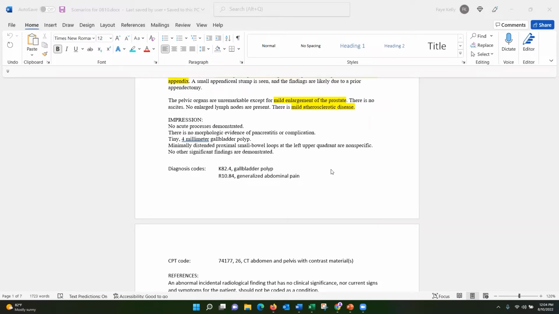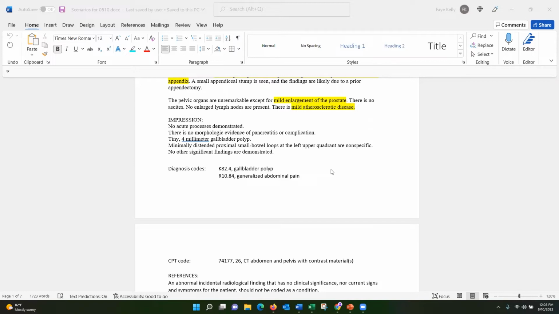So we had a patient that came in with generalized abdominal pain and pancreatitis, which is not confirmed in the impression.